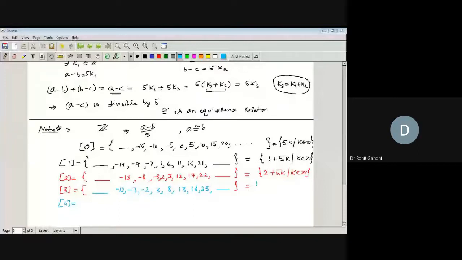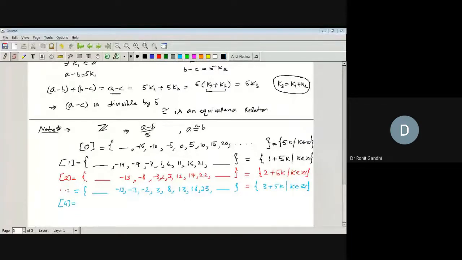So in general we can write 3 plus 5k, where k belongs to integers. I will change the color of this also. So this is the equivalence class of 3.